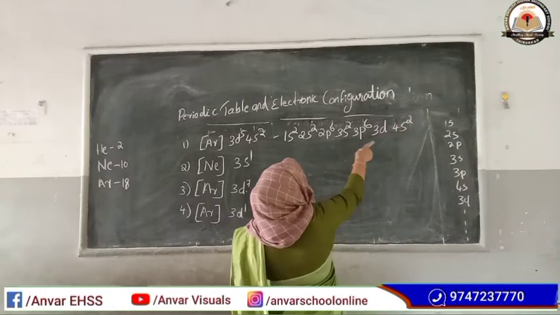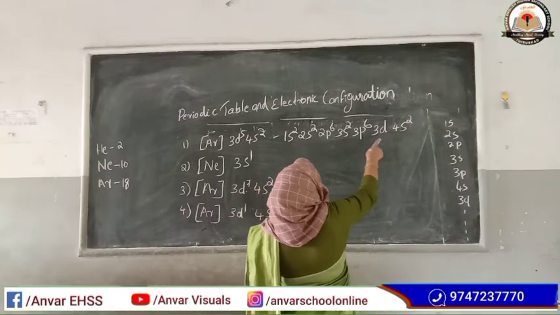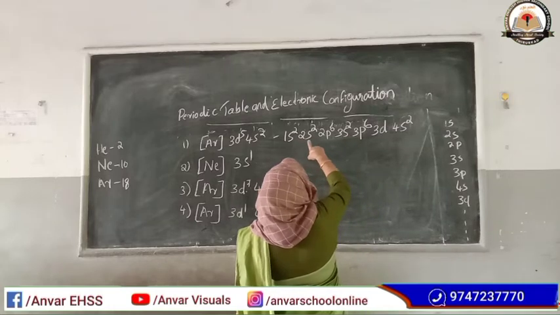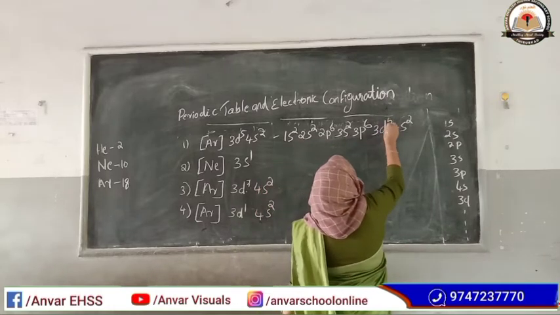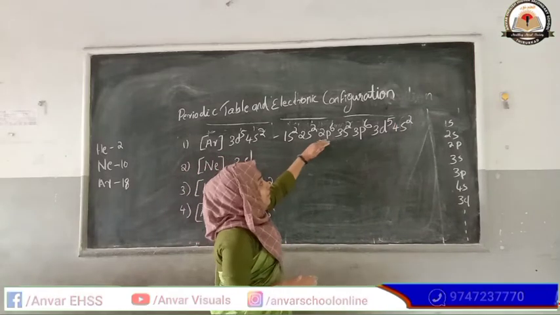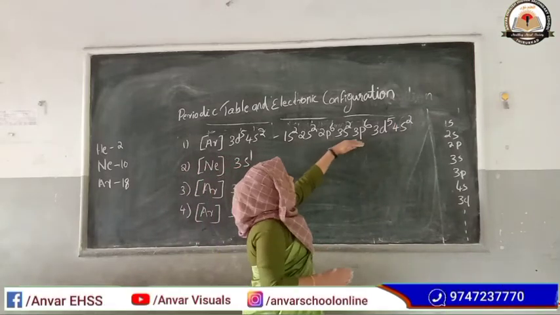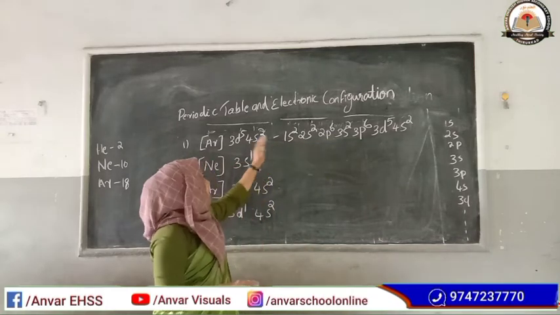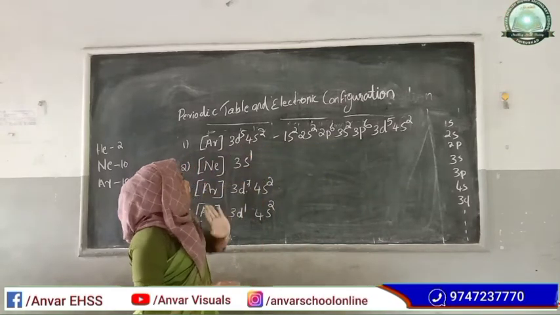How many electrons are entered? 3d5. Correct. 10, 18. This is the electronic configuration of argon. Then we write 3d5 4s2.